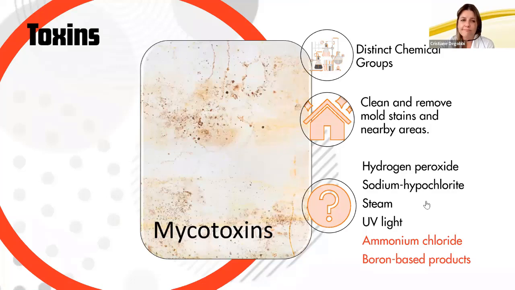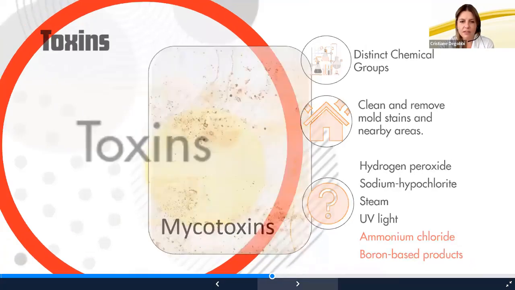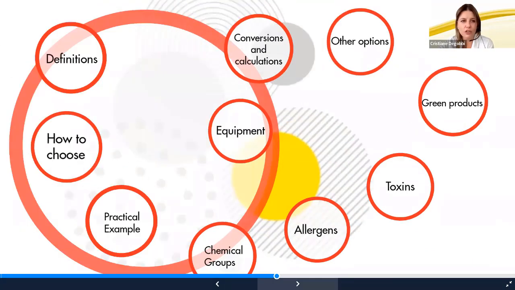But again, let's not focus on products, but on methodology. You need to remove. The good thing about boron-based products is that you already use them for pest control, right? So that can help. So we can combine here, and it can help, but you still need to remove.